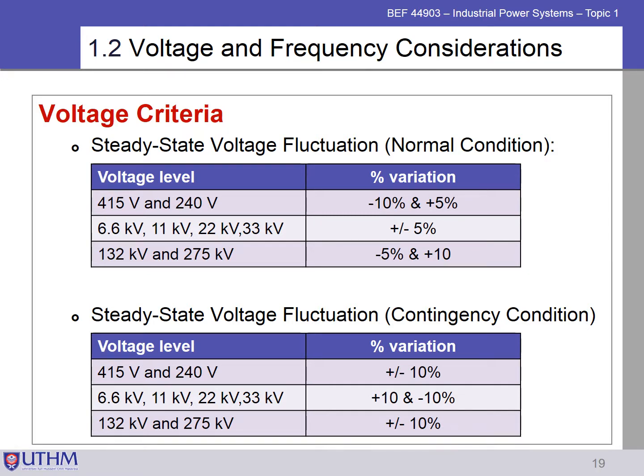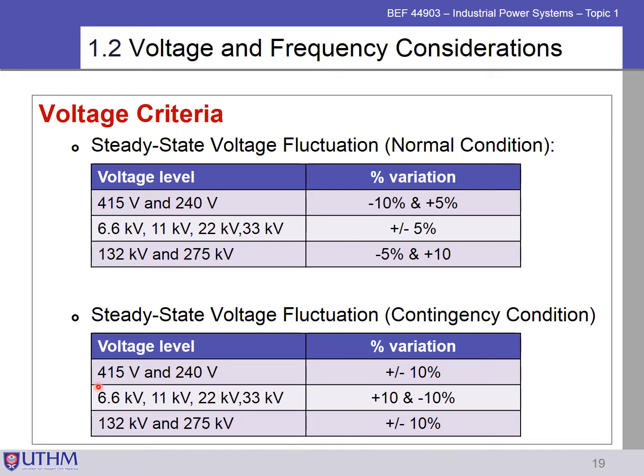Okay, next we go to the table for steady state voltage fluctuation for contingency condition. We can see that for distribution, 3 phase and single phase, the percentage variation is plus minus 10%.